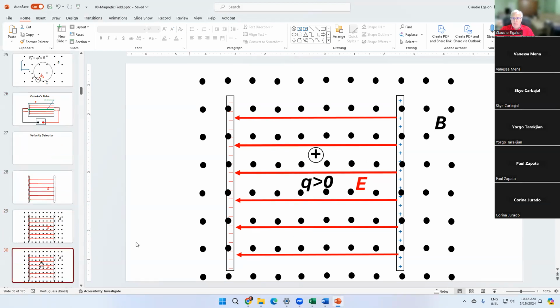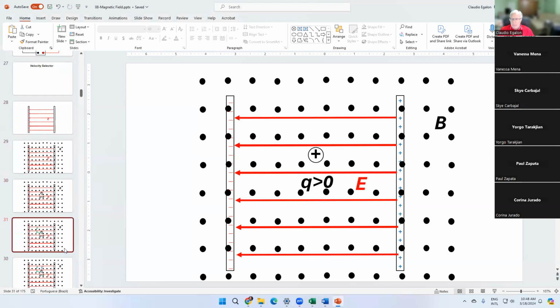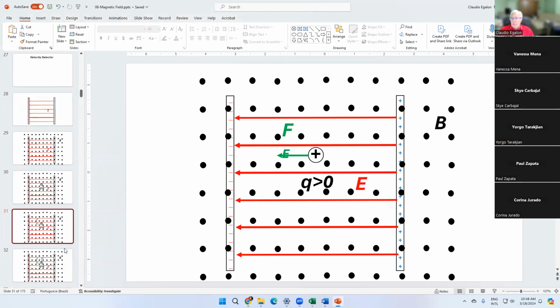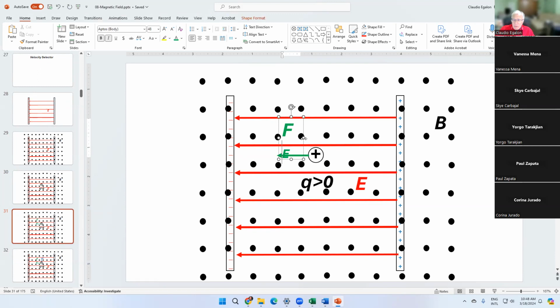Let's start with a positive charge. This positive charge, if it's at rest, will experience an electric force that will attract it towards the negative plate, right?